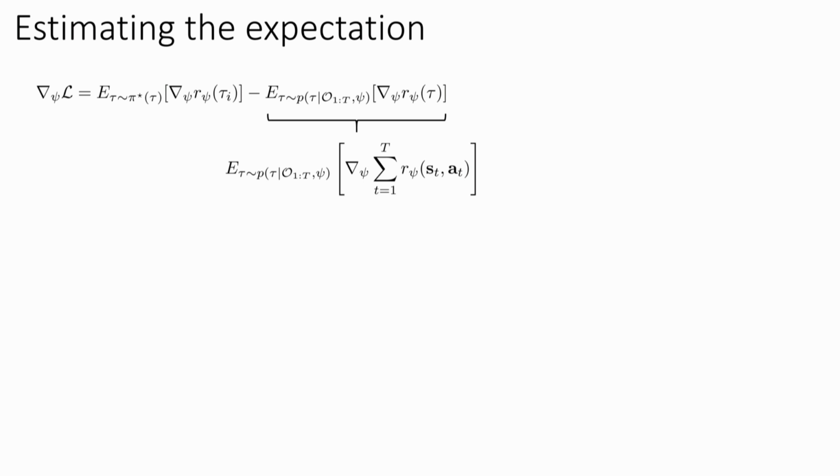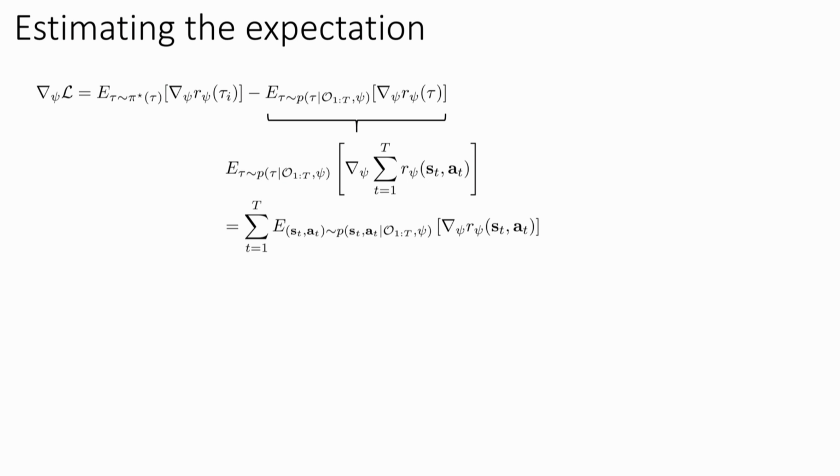I'm using the shorthand r psi of tau, but don't let that confuse you. What that really means is the sum over the time steps of the reward at that time step. And what we can do is we can take that sum and we can take it all the way out of the expectation by linearity of expectations. And when we take it all the way out, then the expectation can actually be taken with respect to the state action marginal at that time step.